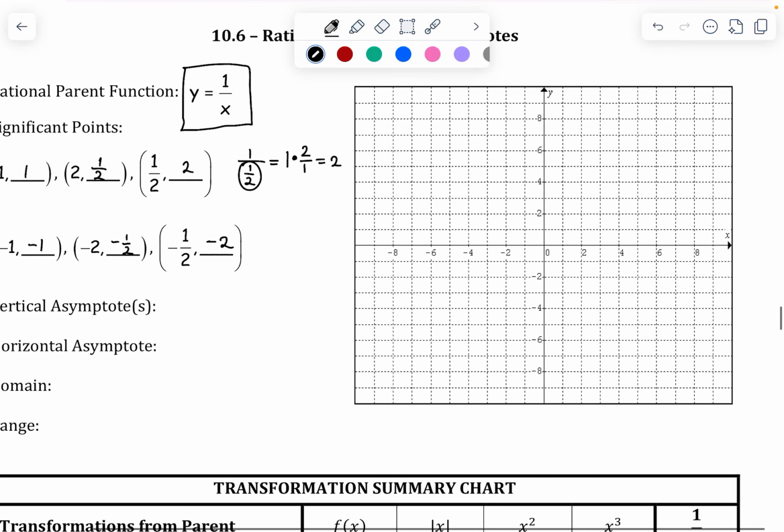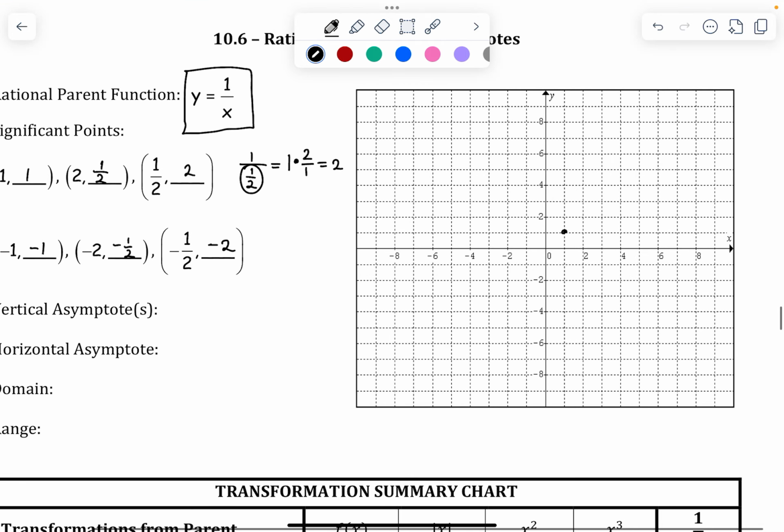When I put this on the graph, I have the point 1, 1. When I plug in 2, I get 1/2. But if I plug in 1/2, I get 2. As I keep plugging in like 1/3, I would get 3. If I plug in 1/4, I would get 4. As I keep plugging in smaller and smaller values, this function is getting closer and closer to the y-axis.